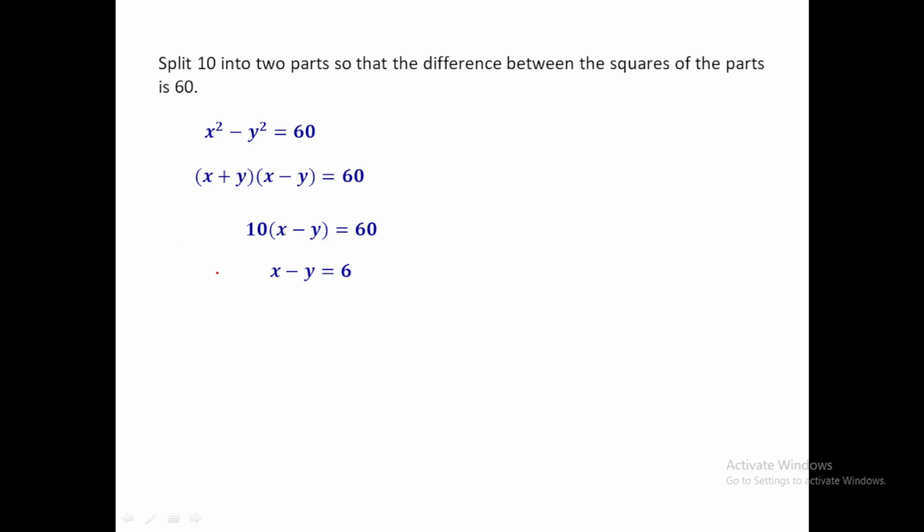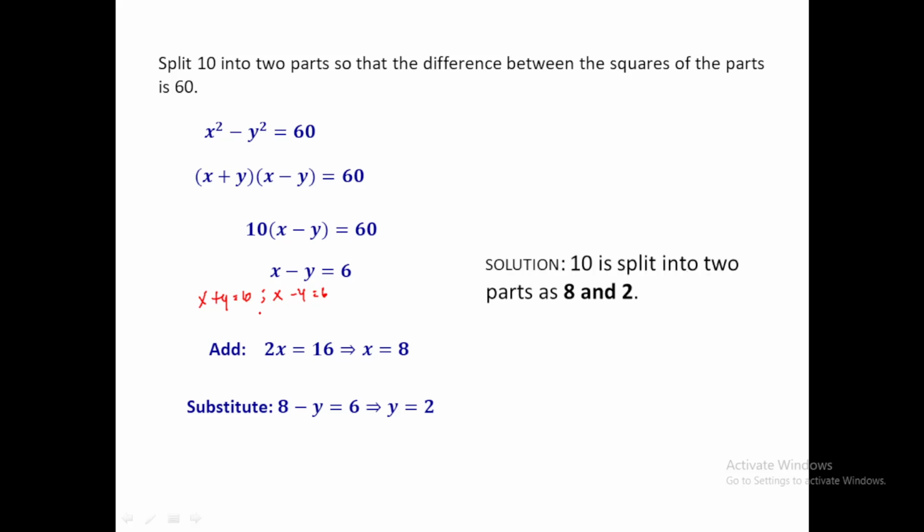Now we have two equations: x plus y equal to 10 and x minus y equal to 6. When we add them, y and minus y cancel, 2x is equal to 16, then x is equal to 8. Substituting x equal to 8 in x minus y equal to 6, we get y equal to 2. So the two numbers are 8 and 2.